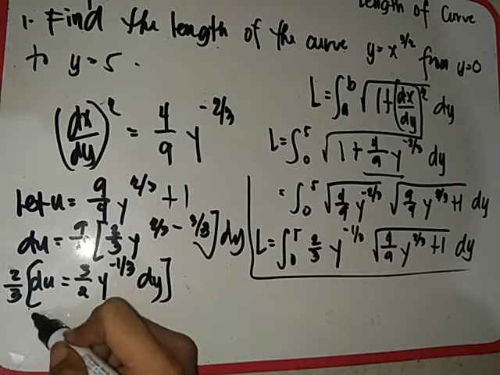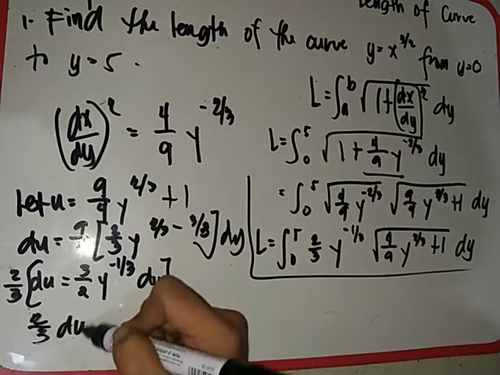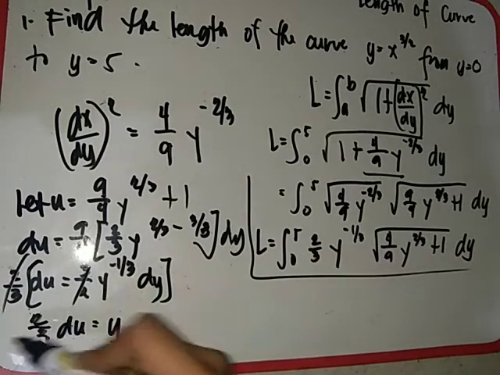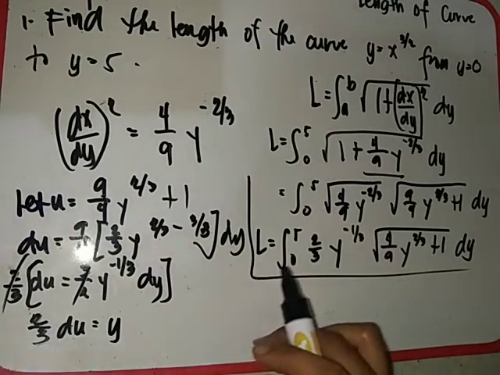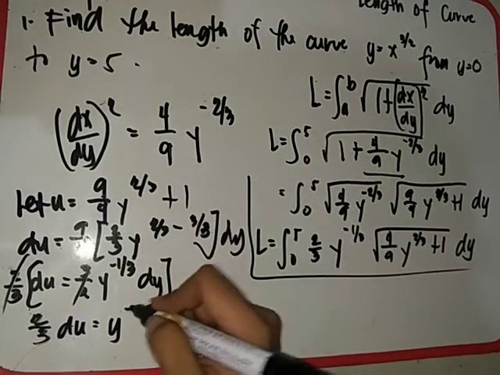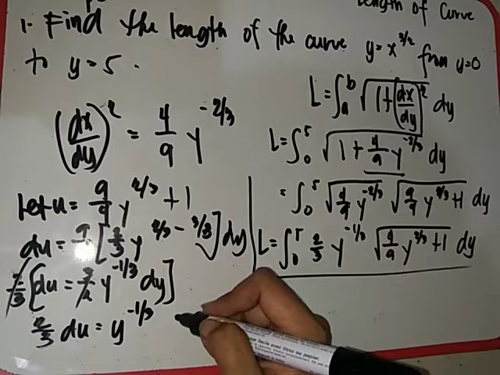So 2/3 du is equal to y raised to negative 1/3 dy.